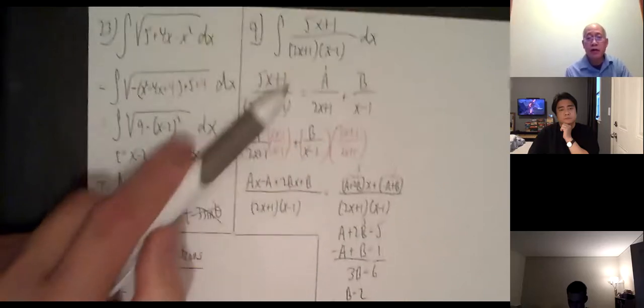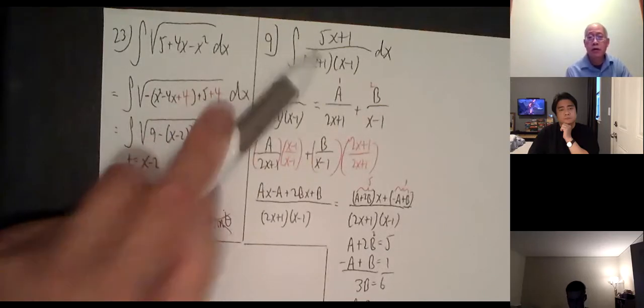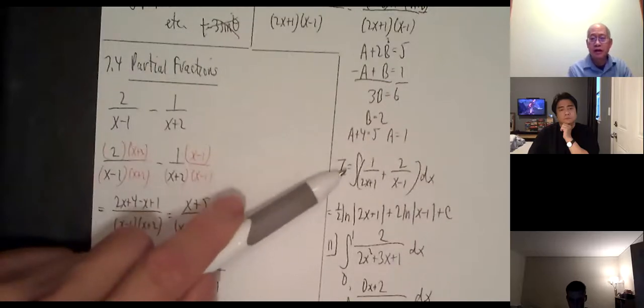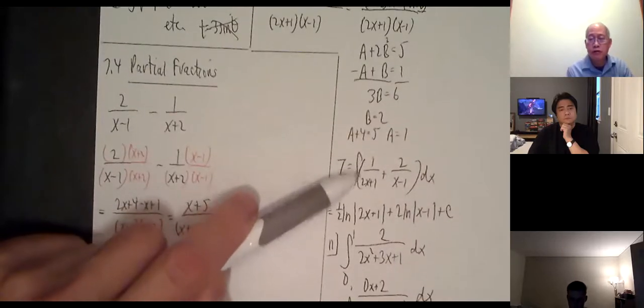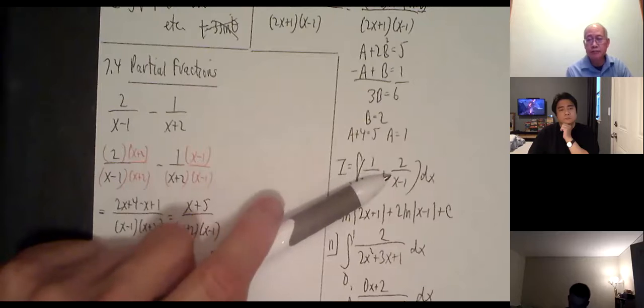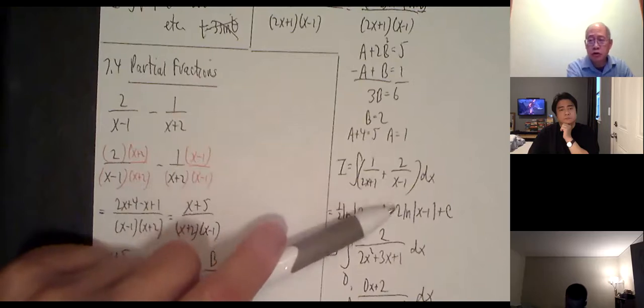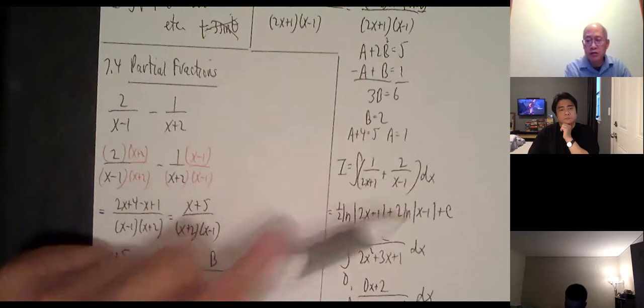So now this much harder integral, I can rewrite it like this: 1 over 2x plus 1 plus 2 over x minus 1 dx. Both of these are natural log. This is just going to be 2 ln absolute value of x minus 1.